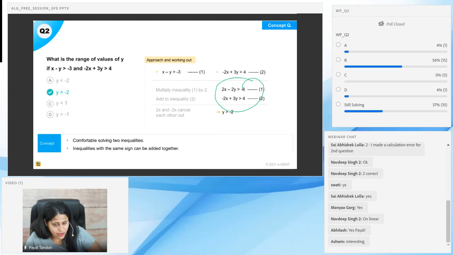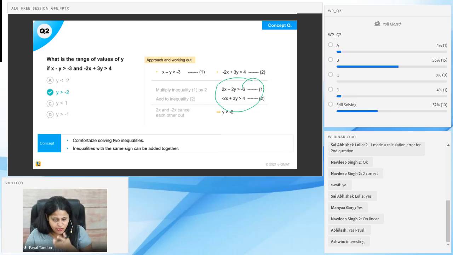Now there were quite a few of you who were still in the solving mode, and I'm pretty sure that those of you who were still in the solving mode were just a little bit intimidated with these inequalities. Am I right? So my guess is that if you spend an hour going through the right concept file, you will get confident in solving such inequalities.